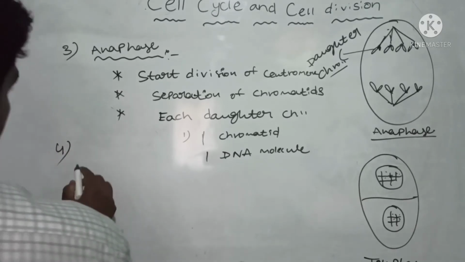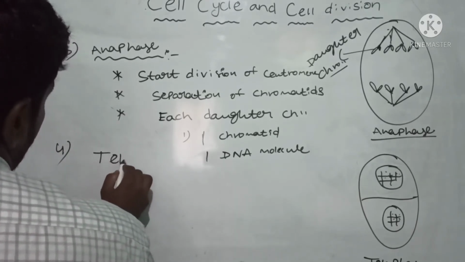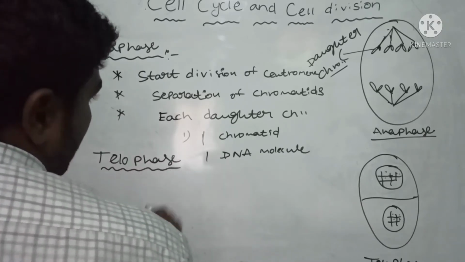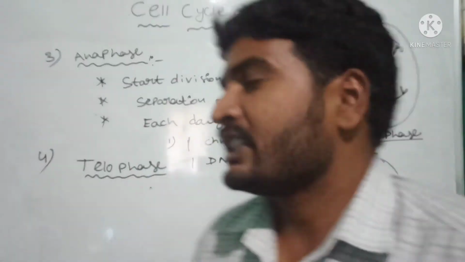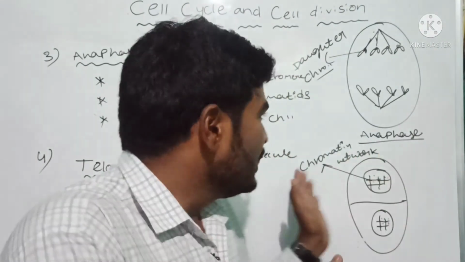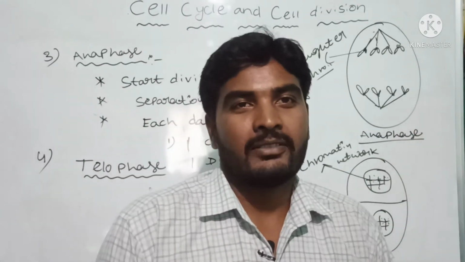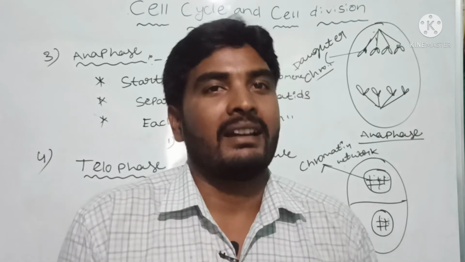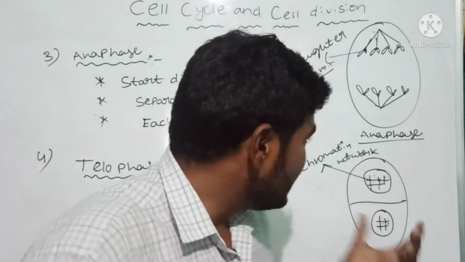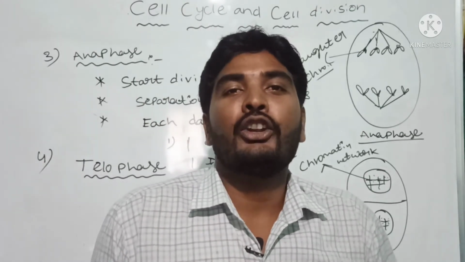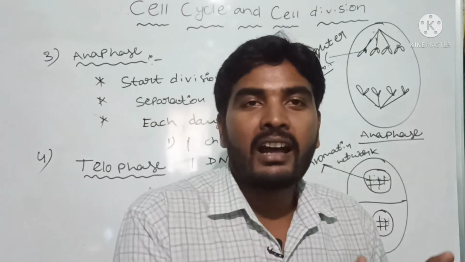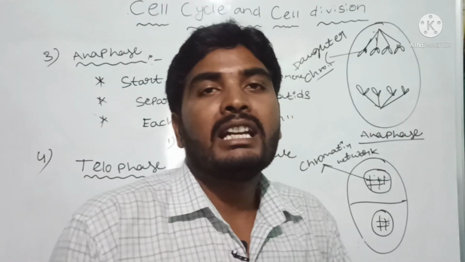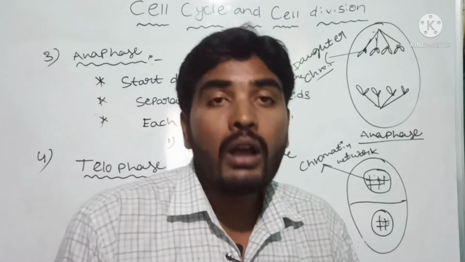The fourth stage is called telophase. What happens in telophase? Telophase is the full opposite of prophase. In prophase the nuclear membrane, nucleolus and organelles disappear. But here the nuclear membrane, nucleolus, Golgi complex and ER reappear. The chromatin material decondenses due to hydration.